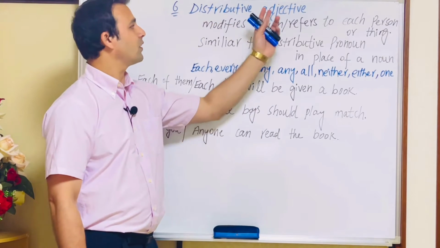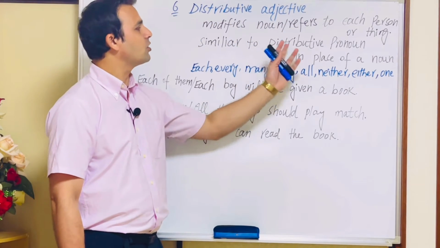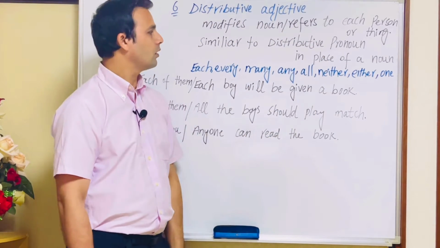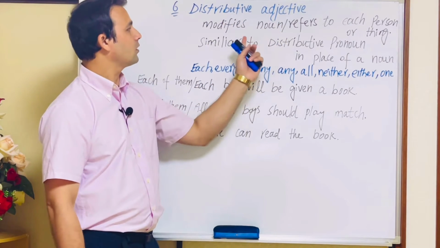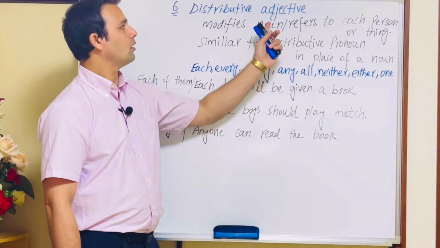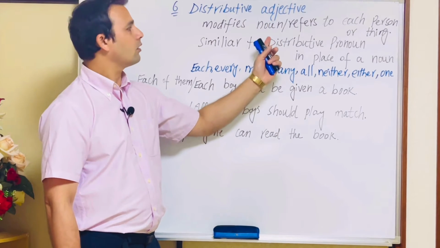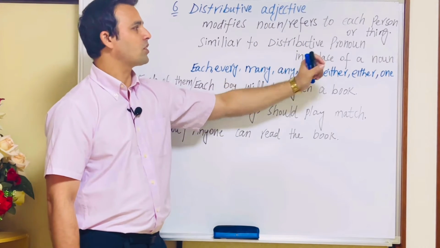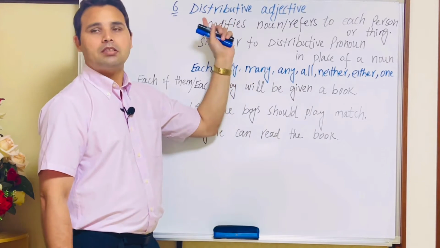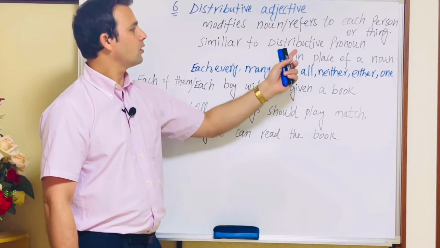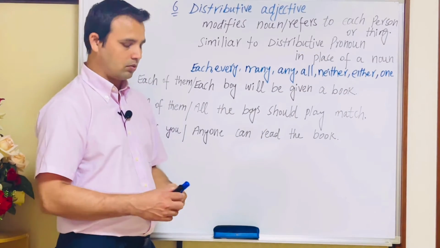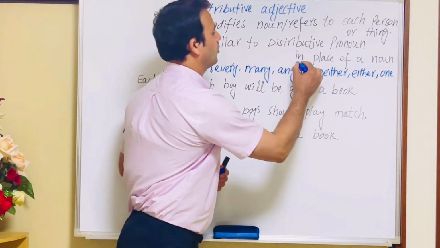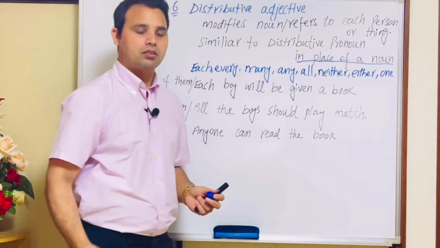So distributive adjectives are similar to distributive pronouns, but the difference is that distributive adjectives modify a noun, or they refer to each person or thing, but distributive pronouns are used in place of a noun.